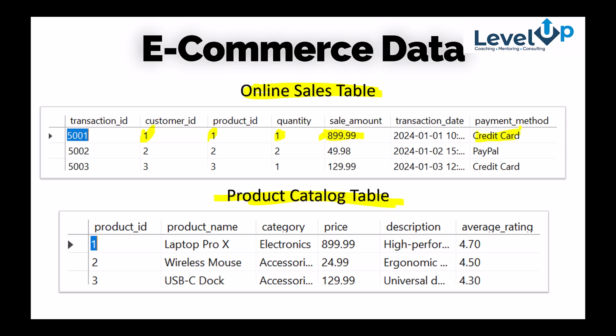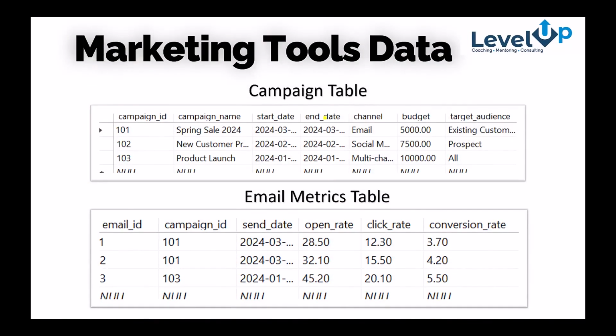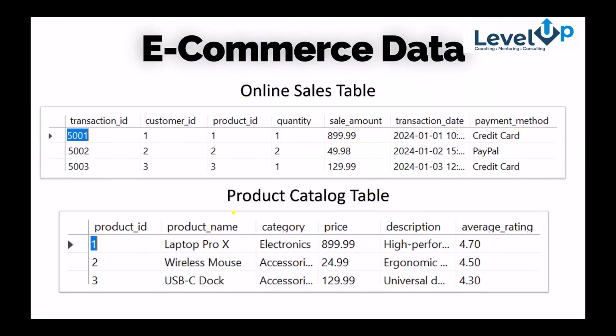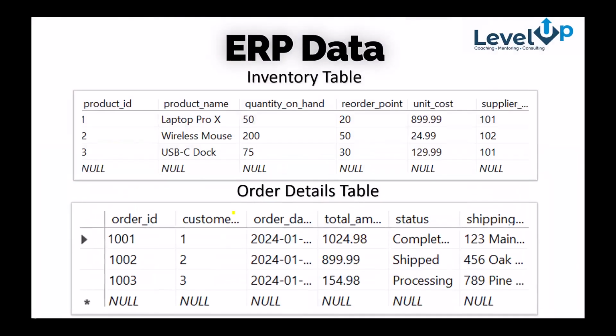What is the payment method? Credit card. And the product catalog table I have. Next, let's say marketing tools. What are the different marketing channels that we have, and metrics. This is the data that I am getting from multiple sources.